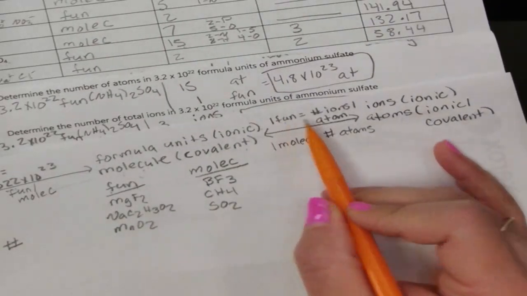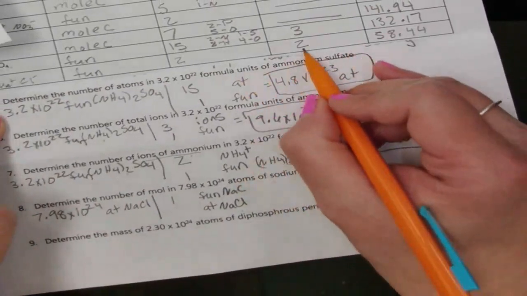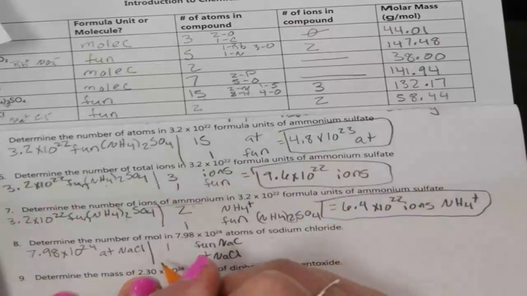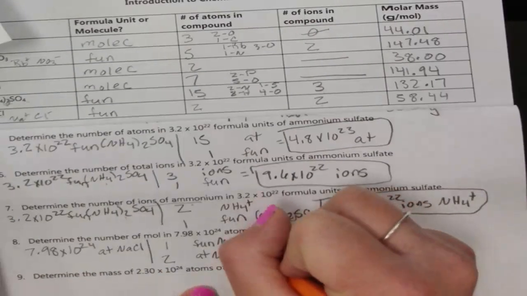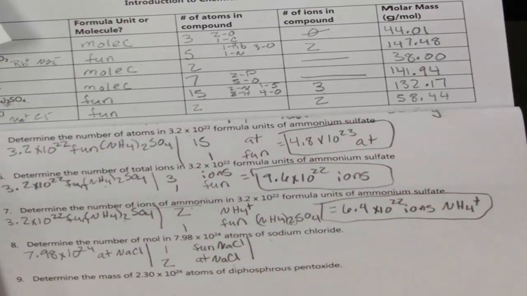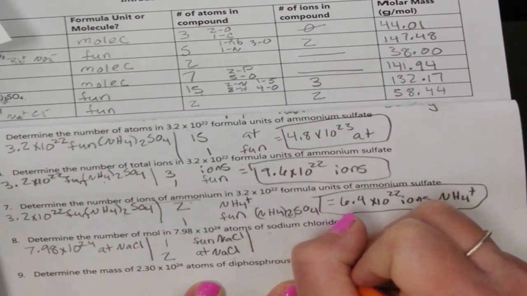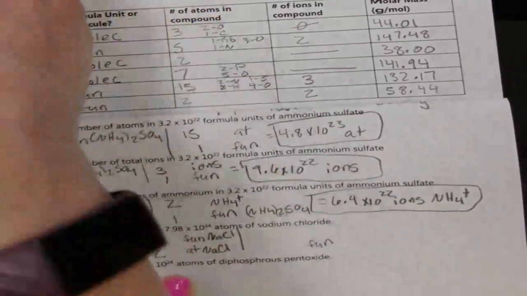Where one formula unit is the number of atoms, and there are 2 atoms in this compound. Notice I'm setting up my units first and then plugging in my numbers, just like we did for our metric. Units first. So if formula unit is on top, I have to put it on bottom because I want the moles.